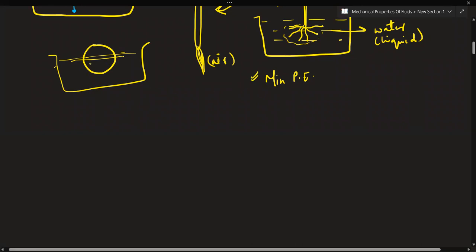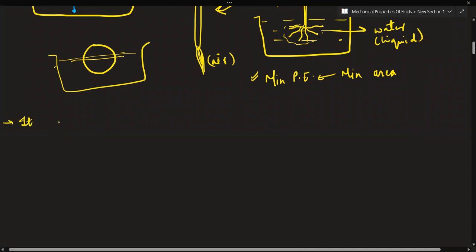In order to acquire the minimum area, the surface of the liquid tends to contract and hence behaves as a stretched membrane. The attractive intermolecular forces on the surface of the liquid tend to compress the liquid surface. So the liquid tries to minimize its surface area, and that phenomenon is known as surface tension.